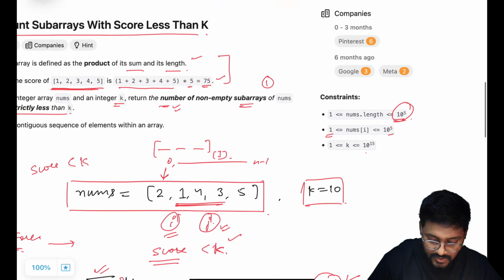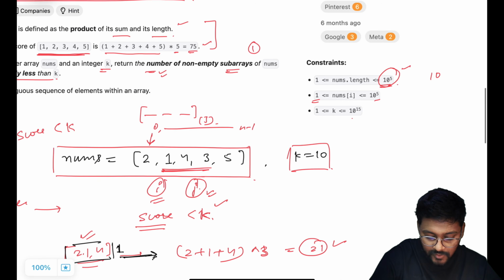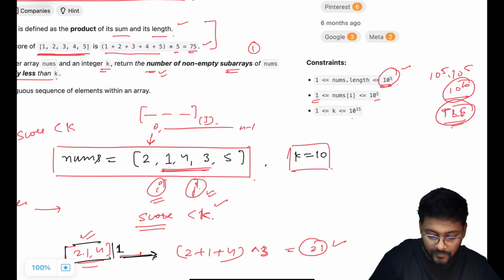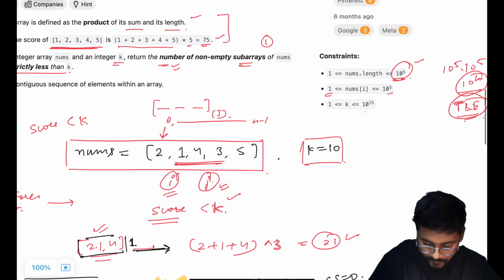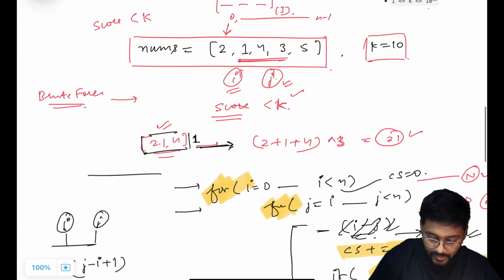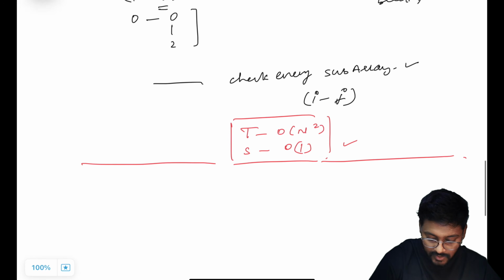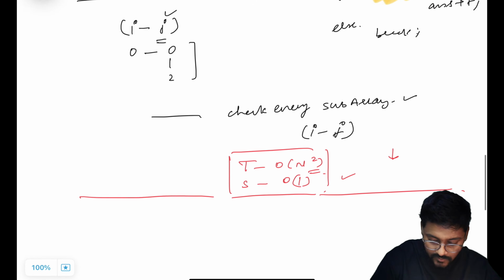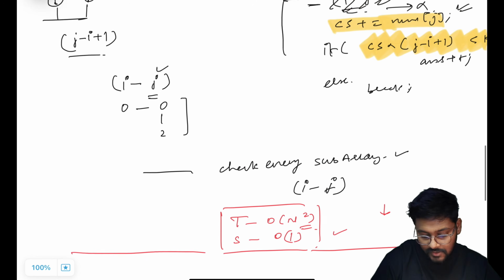But our constraints are going till 10 power 5. So 10 power 5 into 10 power 5, 10 power 10. This is going to give us TLE when we are submitting it on LeetCode. So it means that quadratic time we cannot afford. We have to think in terms of linear fashion.